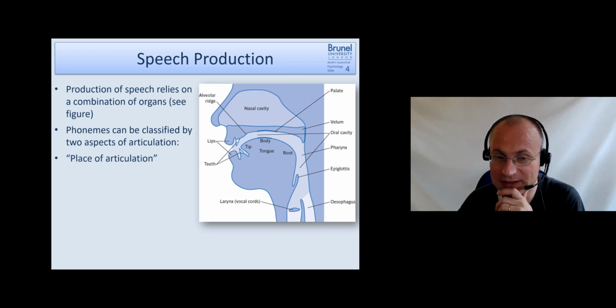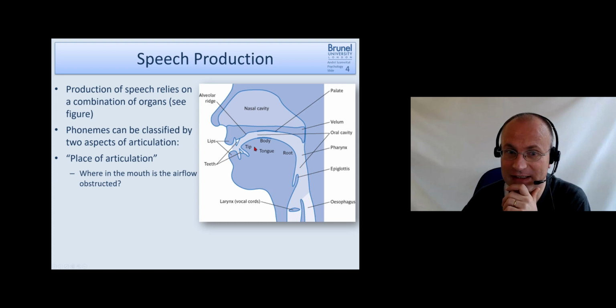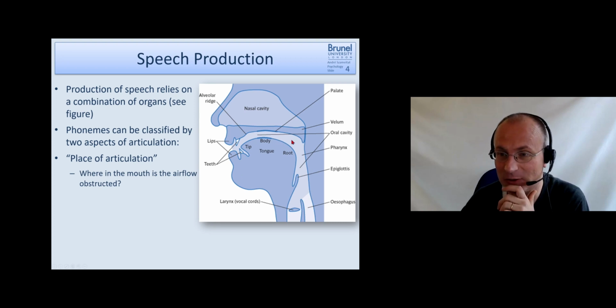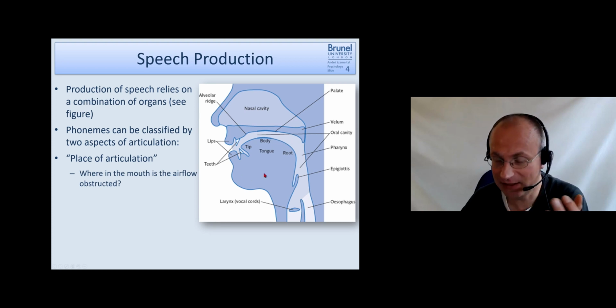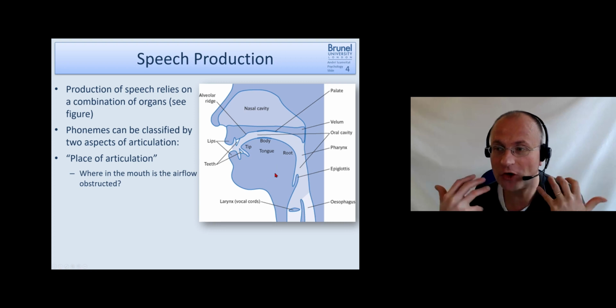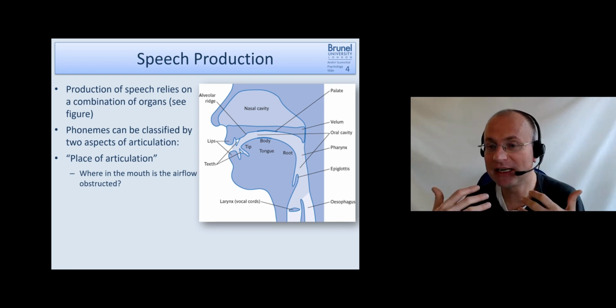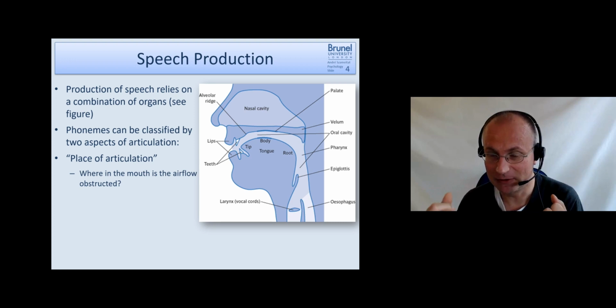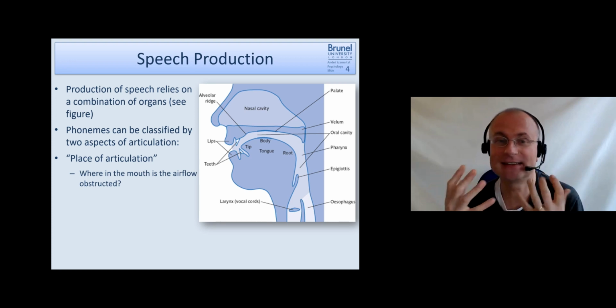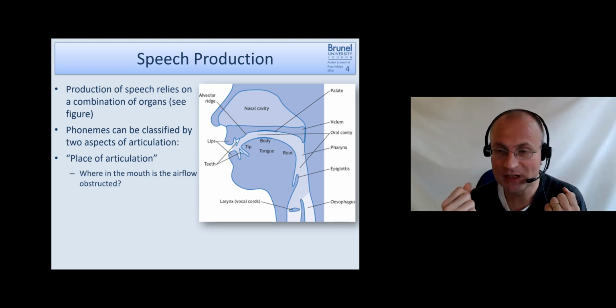The first one is the place of articulation. That means where in the mouth is the airflow obstructed. And to understand that, if we do not obstruct the airflow, then we just have a breathing sound, only by modulating that airflow, and modulating in the widest sense we can say obstructing it, we produce a sound.